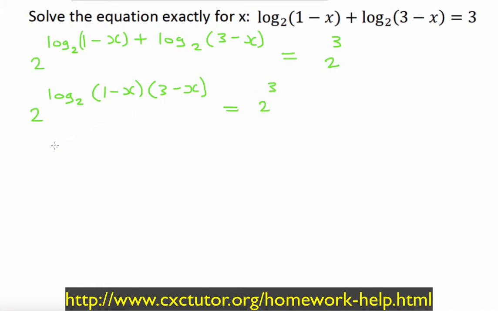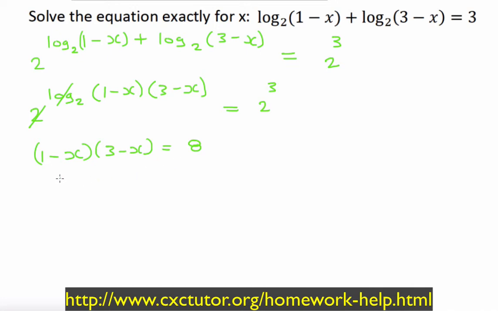Now that we've completed that part, all that is left is to cancel the logarithm with the power. So this cancels, and what you're left with is (1 minus x) times (3 minus x) is equal to 2 to the power of 3, which is 8.